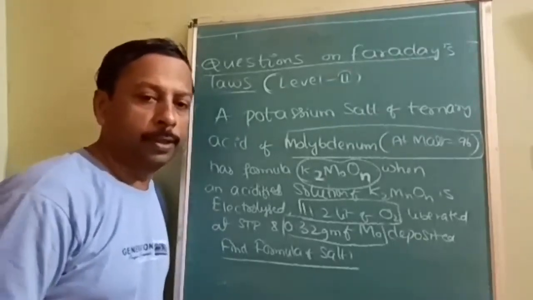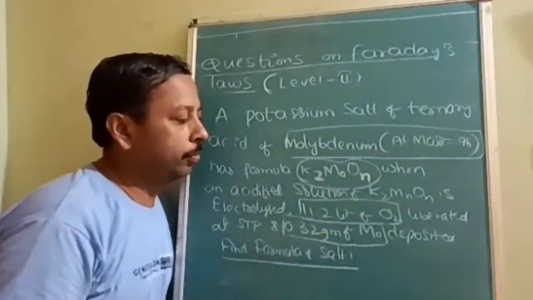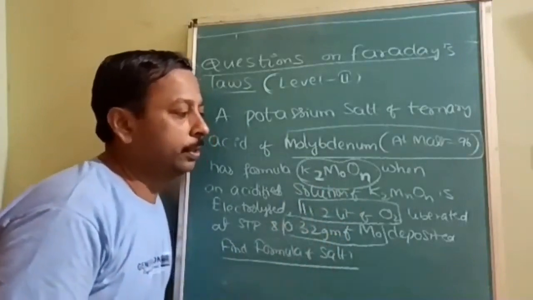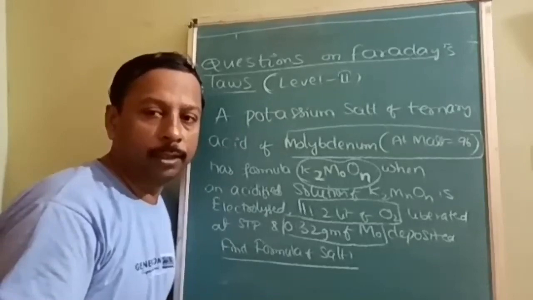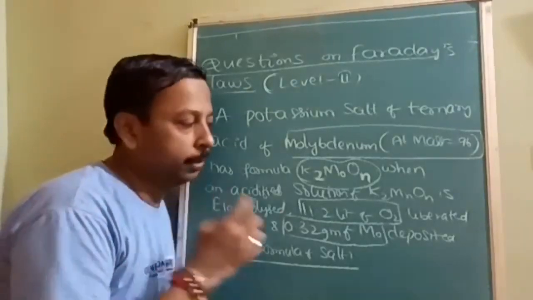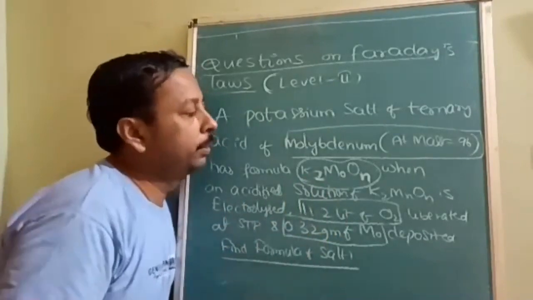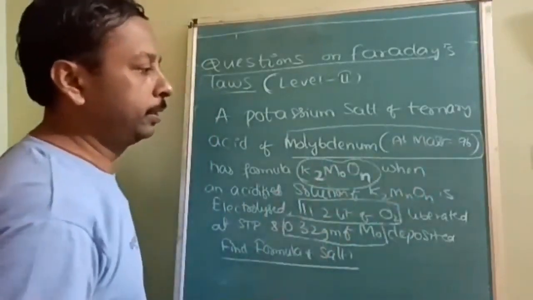In this question, it is a stoichiometry based question. First, what you have to find out: from the 11.2 liter of oxygen, you can assess the number of moles of molybdenum. See, 0.32 grams, and the atomic mass is 96.